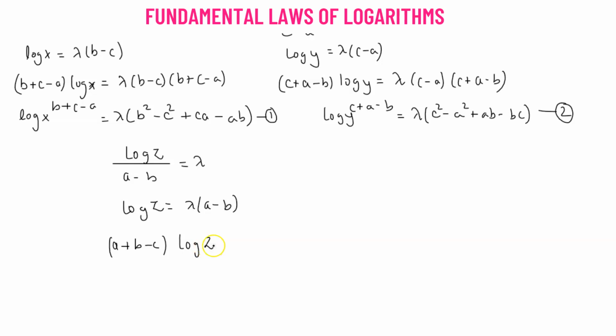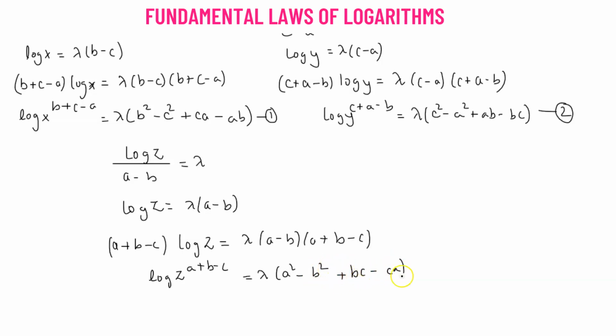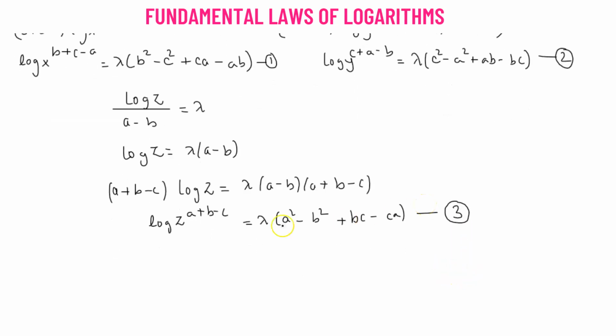Multiplying to log of z equals lambda times a minus b multiplied to a plus b minus c, which gives us log of z raised to the power of a plus b minus c equals lambda times a squared minus b squared plus bc minus ca. Let's label this as equation number 3. Now we'll add 1, 2 and 3 together.